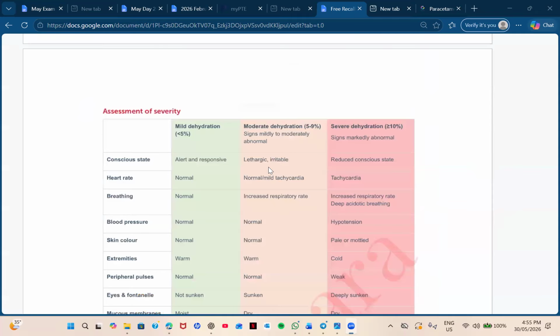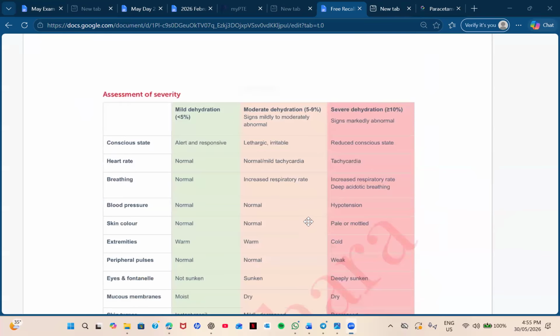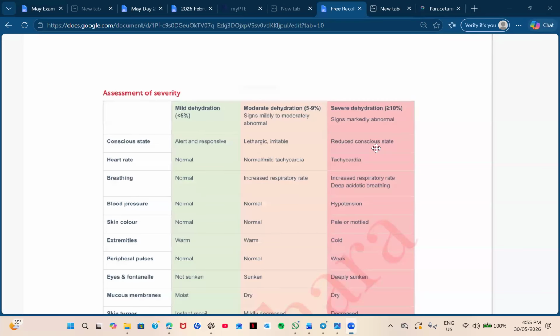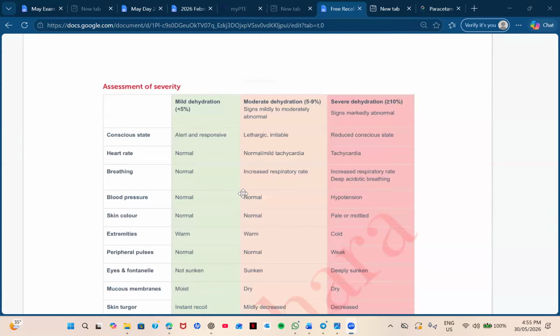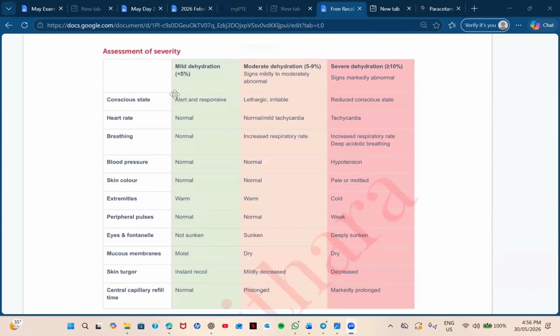Here, how should you treat? The main complication is dehydration, so you have to treat according to the dehydration level. First of all, assess the severity of the dehydration: mild, moderate, or severe. Mild: alert and responsive, almost everything is normal.